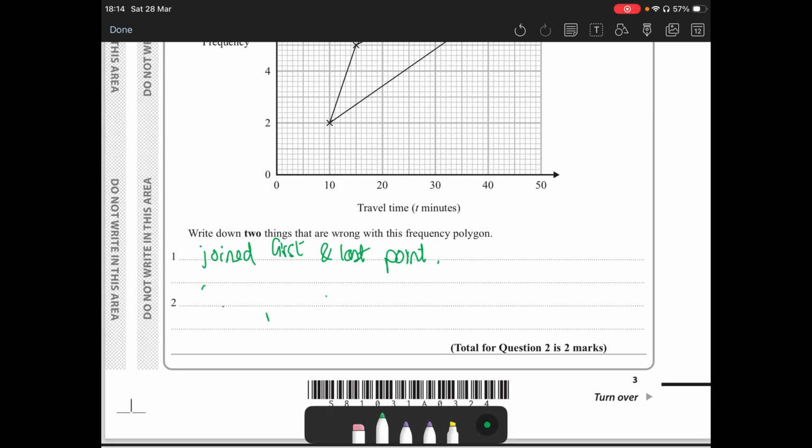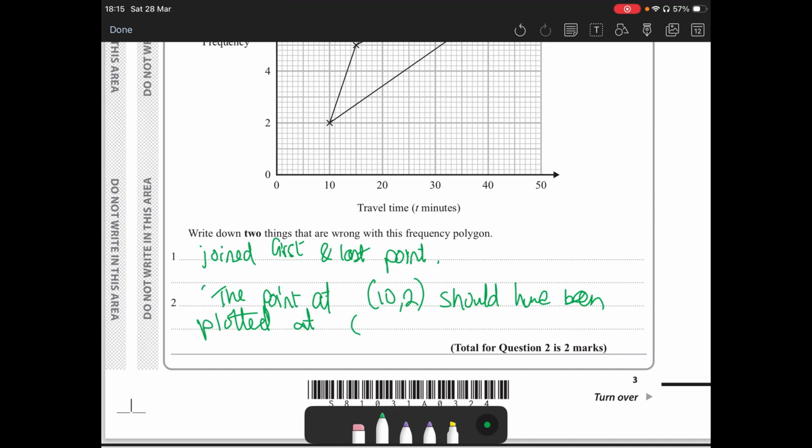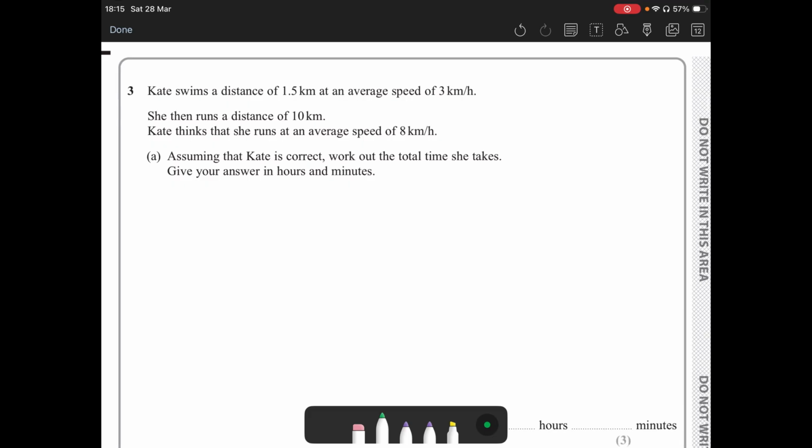It's vague as to what you mean by the first point, so we'll specifically say the point at 10.2 should have been plotted at 5.2. Then there can be no shadow of a doubt that we mean this point here. Yeah? Cool.